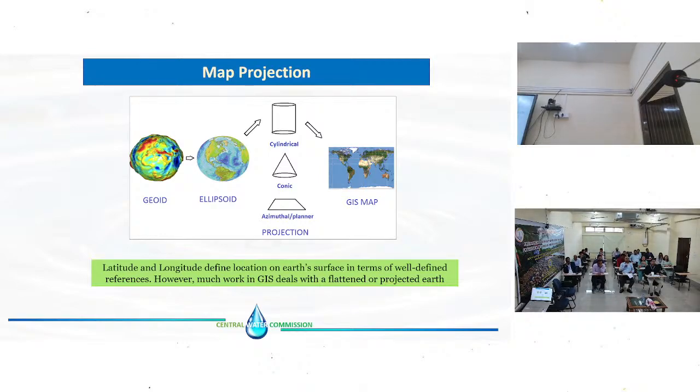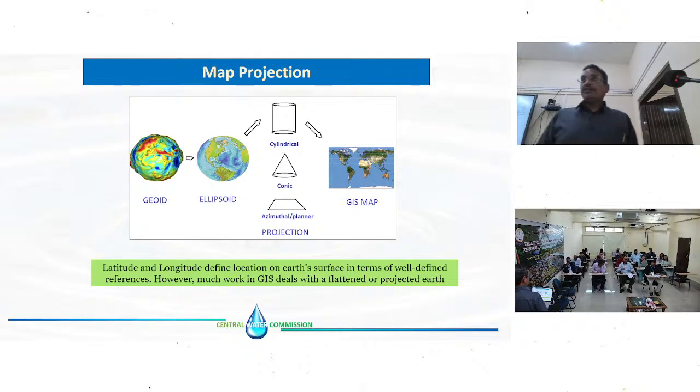So this local ellipsoid can be used for analysis here, but it will not be useful elsewhere. But WGS 84 is a universally accepted ellipsoid, and this is known as the datum. The GPS system uses WGS 84 as its datum.